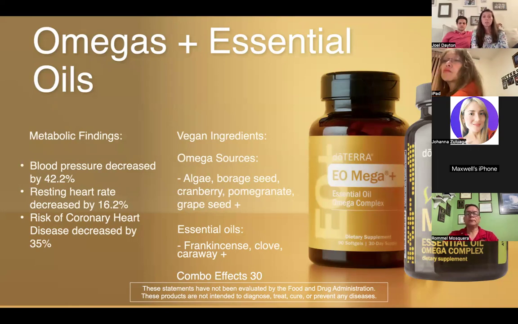They're coming from sources of algae, borage seed, cranberry, pomegranate, grape seed, and a variety of other vegan sources, but those are the main ones. It has a thinning effect on the cholesterol while still providing enough of the ALA, EPA, all of those that we need.